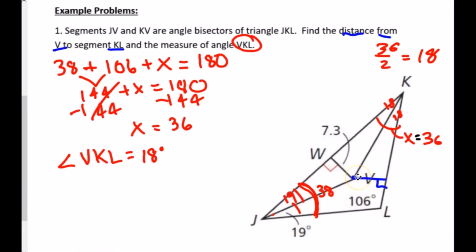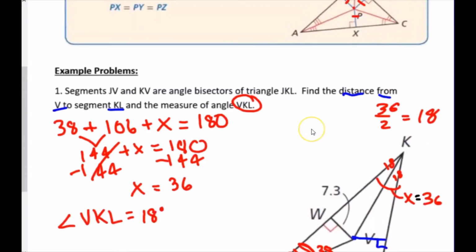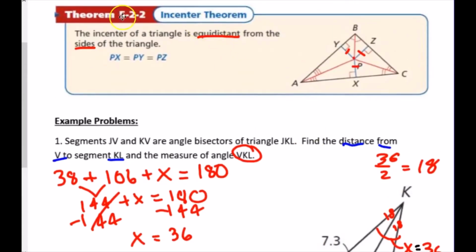Now, do we know anything about from the center to the edge? What did we learn about from the center to the edge? Equidistant, right? So from the incenter to the edge is always equal.